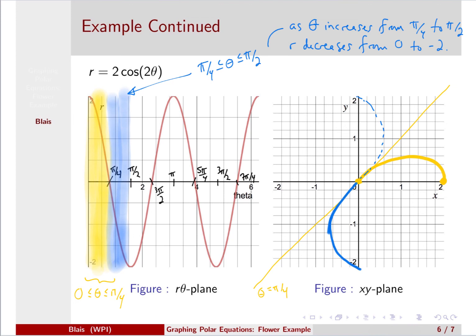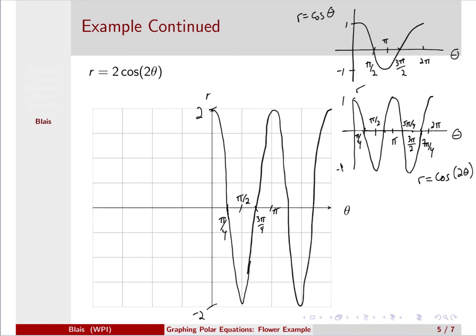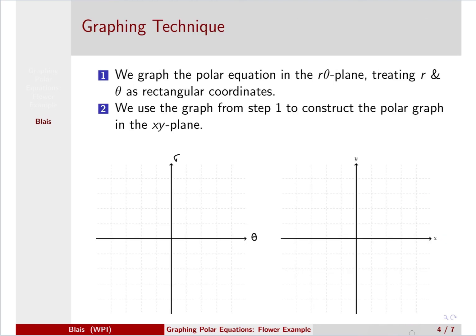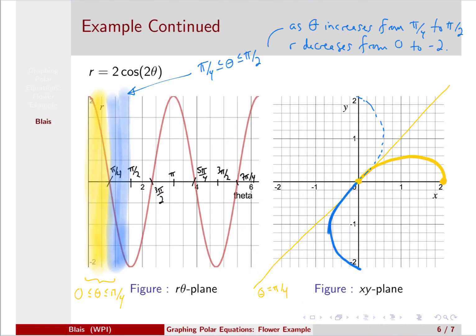But we also can realize a couple things here. Recall our symmetries. Recall that we had determined that we had both x-axis and y-axis symmetry. And that can save us a lot of work.